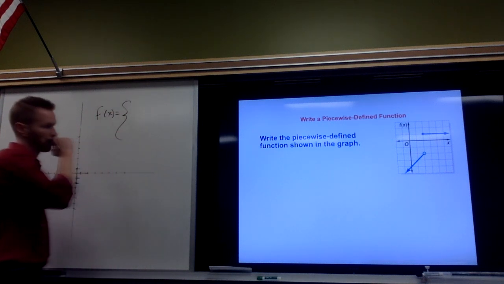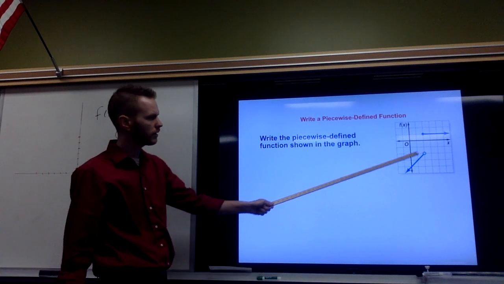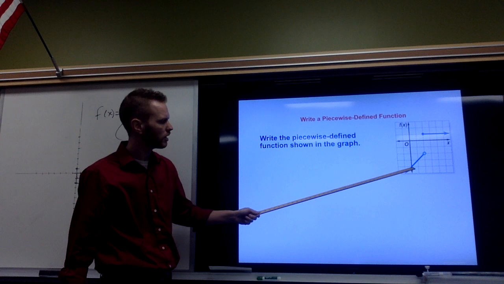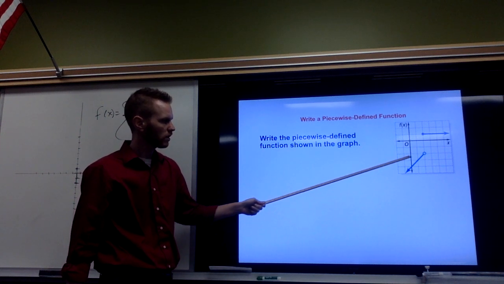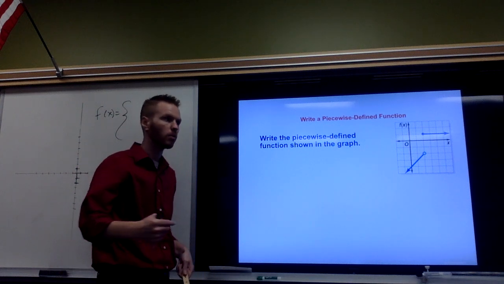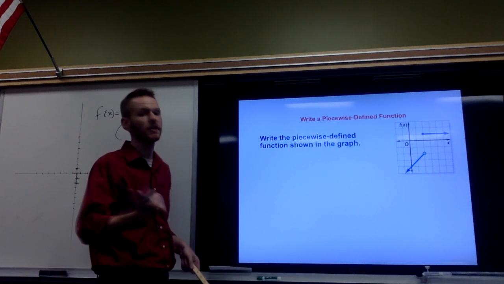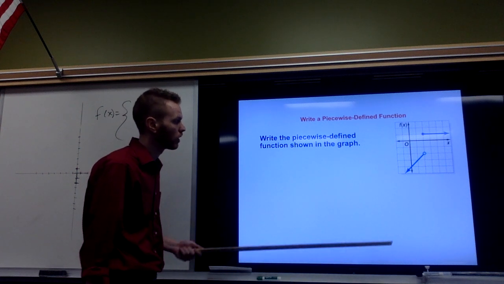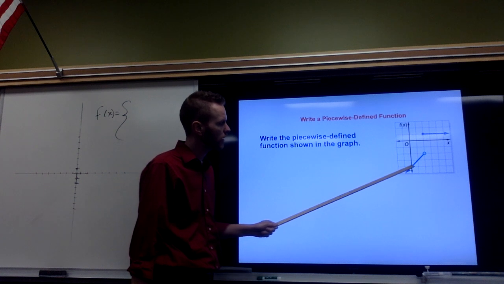Okay, all right, let's look at this guy first. Honestly, it doesn't matter. I'm just going to start here. This is a line, right? Lines are written in y equals mx plus b form. So to write that, I need a slope, and I also need a y-intercept. Okay, what would the slope be for this? Well, see how it's positive?